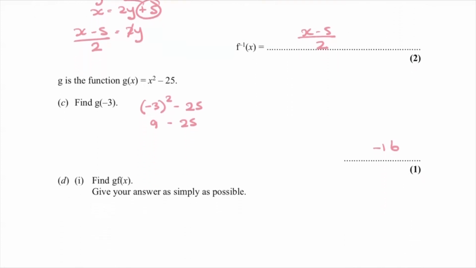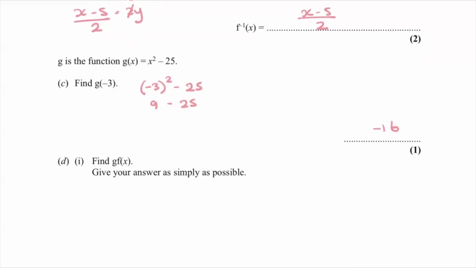Now, part D says we've got to find gf of x, and we've got to simplify as much as possible. What we're going to be doing is we are going to be taking our function of g, so this function here, and we're going to drop the function of x into it. So I've got, and I'm going to do it in full so you can see what's happening, this function.